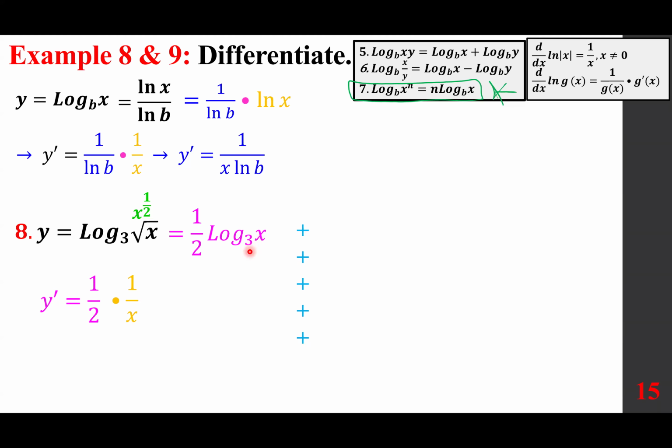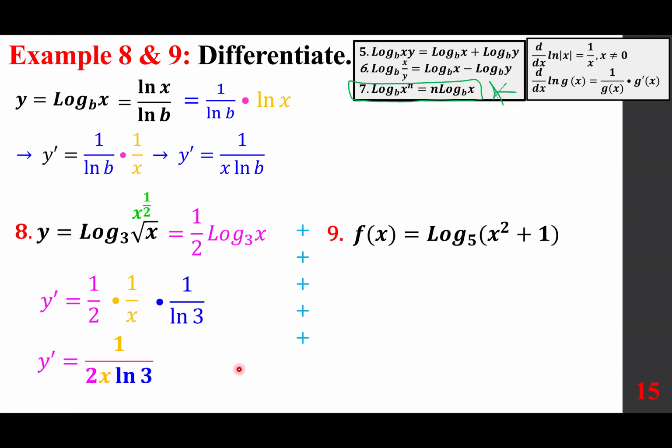And then when you look at the base, it is not e, so you need 1 over ln b, 1 over ln 3, and rewrite it. y prime is 1 over 2x ln 3. You keep the 2x to the left, because if you put it next to 3, one may think it is 3 times 2x, which is the argument of log, and that's incorrect.